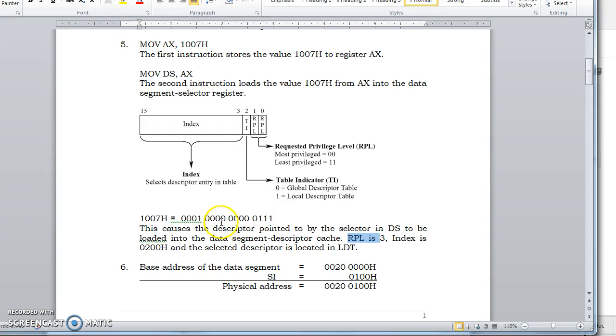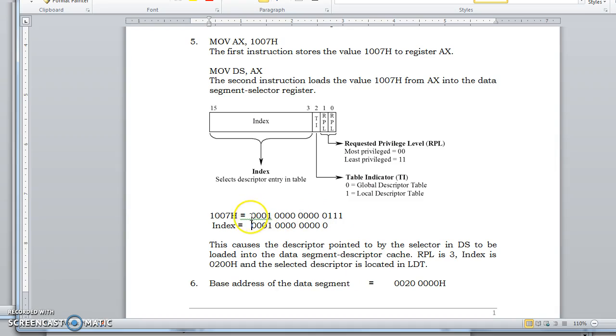And then the index is what? Starting from here, from here to here is the index, right? So how do we find the index? From here the index is 0001 0000 0000.